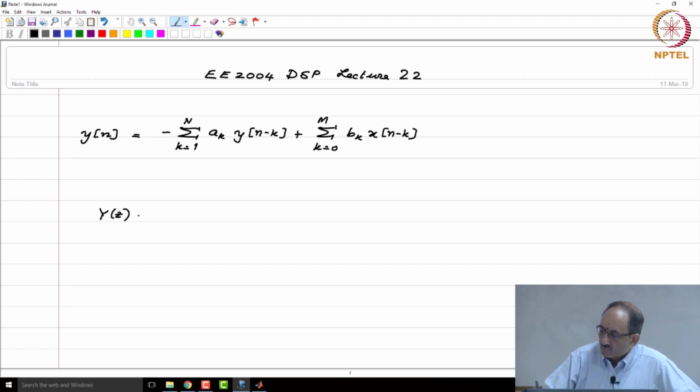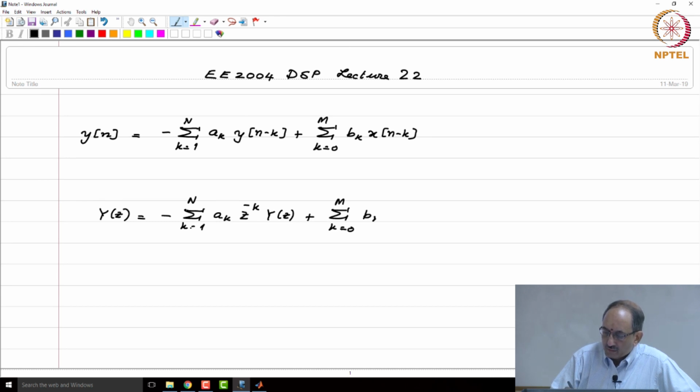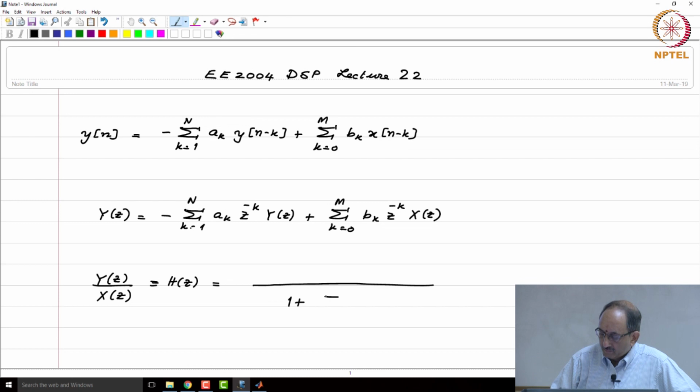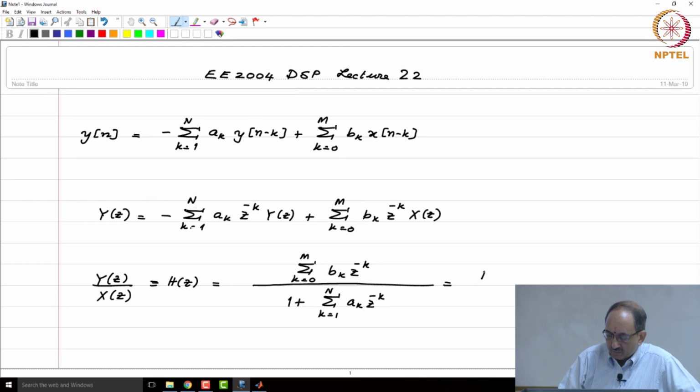So, this is Y of z minus sum over k going from 1 to capital N of a_k z power minus k Y of z, plus sum over k going from 0 to capital M of b_k z power minus k X of z, and hence Y of z by X of z, this we denote as H of z, which is the system transfer function, and this turns out to be the ratio where this is the denominator polynomial, and the numerator of course is sum over k going from 0 to capital M of b_k z power minus k, and then we have seen that this is written in the form B of z over A of z.